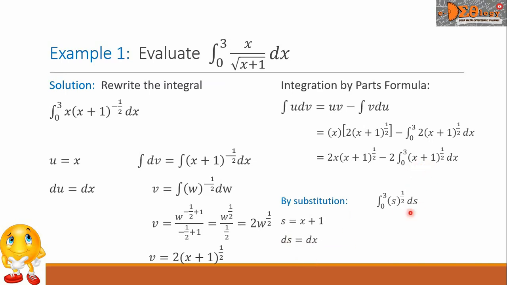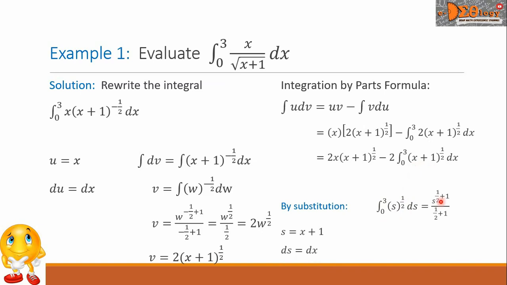Substituting now, we have the integral from 0 to 3 of this variable s raised to 1/2 times ds. Using our power rule again, we have s raised to 1/2 plus 1 over 1/2 plus 1. This 1/2 plus 1 is 3 over 2.